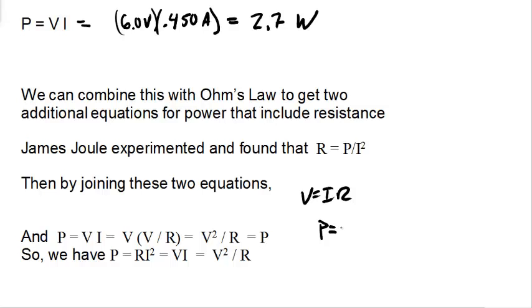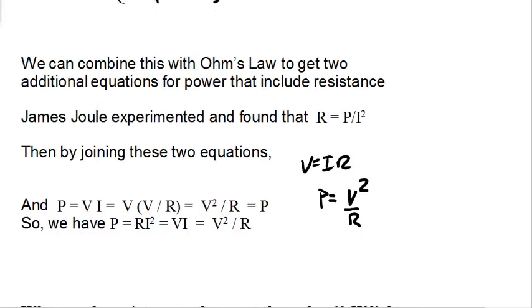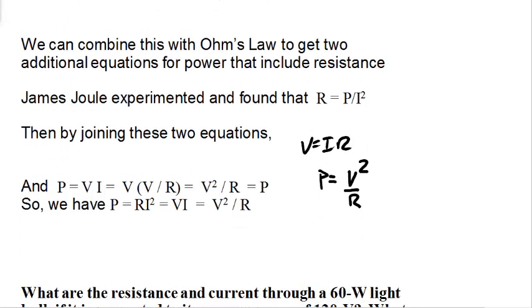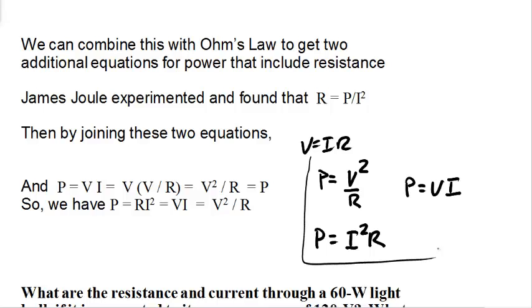We can get power is V squared over R, and we can also get power equals I squared R. So that really leaves us with three formulas for power. As long as you know power equals V times I, and you remember Ohm's law, which is extremely important, then you can easily get the other two formulas.